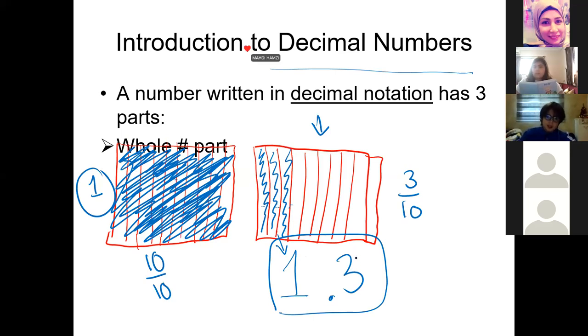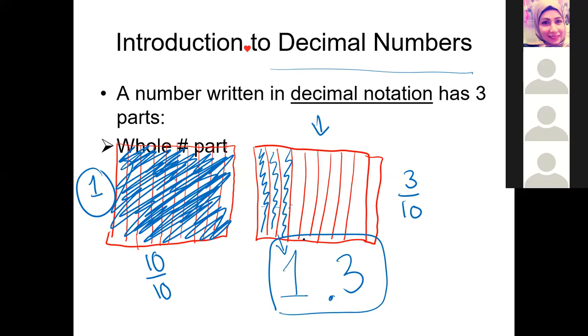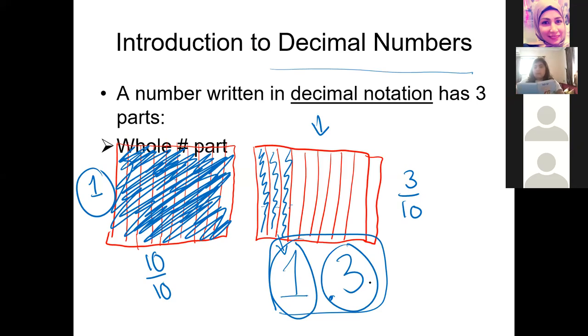The 3 means we colored in the second one just 3 parts. So 1.3 means 1 is fully colored and 3 parts are colored out of 10.